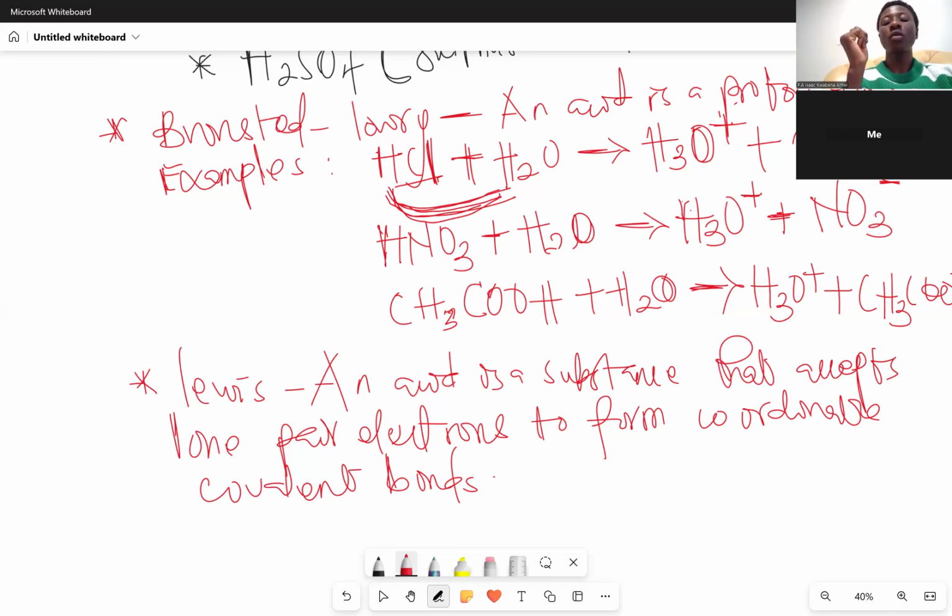So that's all coordinate covalent bonds. And acids have empty orbitals to receive lone pair electrons to form coordinate covalent bonds. So that's what Lewis said, and Lewis acids are defined like that.